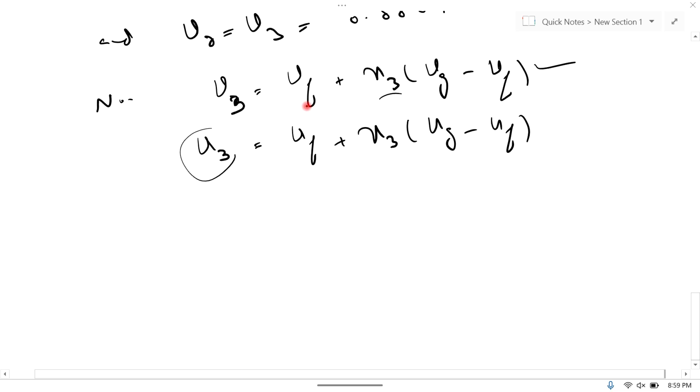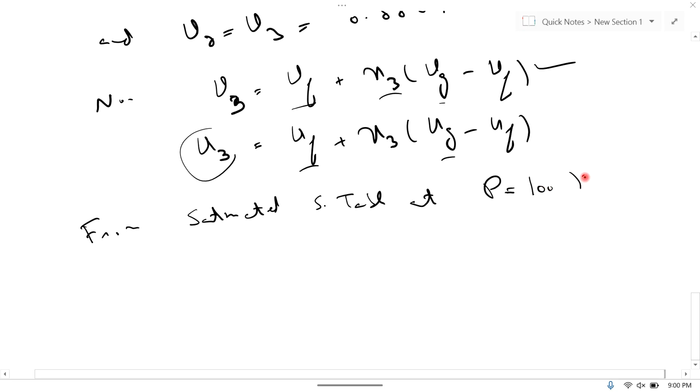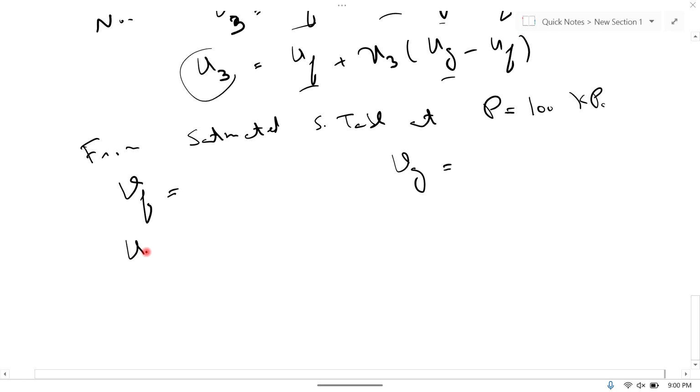So first we find from the table Uf, Ug, Vf, Vg. Point 3 pressure is 100 kilopascal. So from the saturated steam table at pressure equal to 100 kilopascal, find Vf, Vg, Uf and Ug.